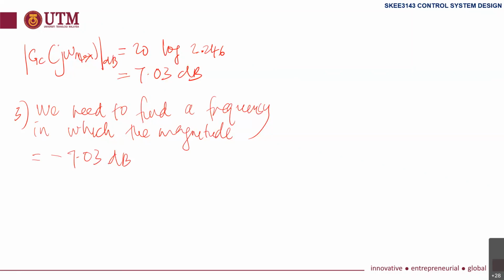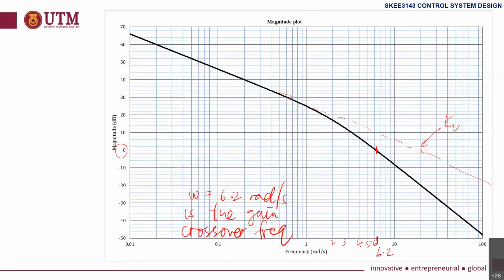Because when we add 7.03 together with minus 7.03, we can ensure that it will cross 0 dB. Therefore, we look into the magnitude here and find minus 7.03 dB. 2, 4, 6, 7, minus 7 here.